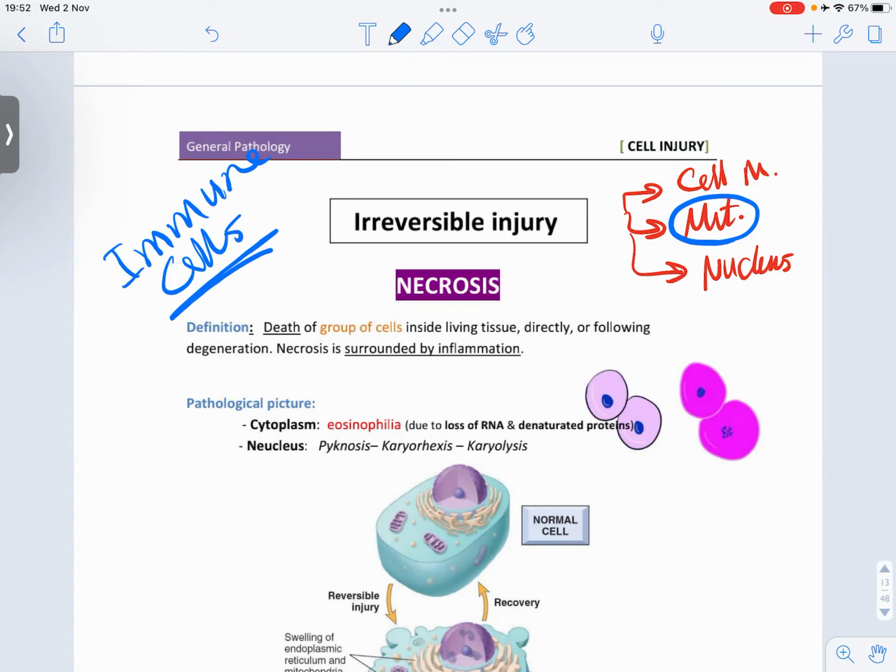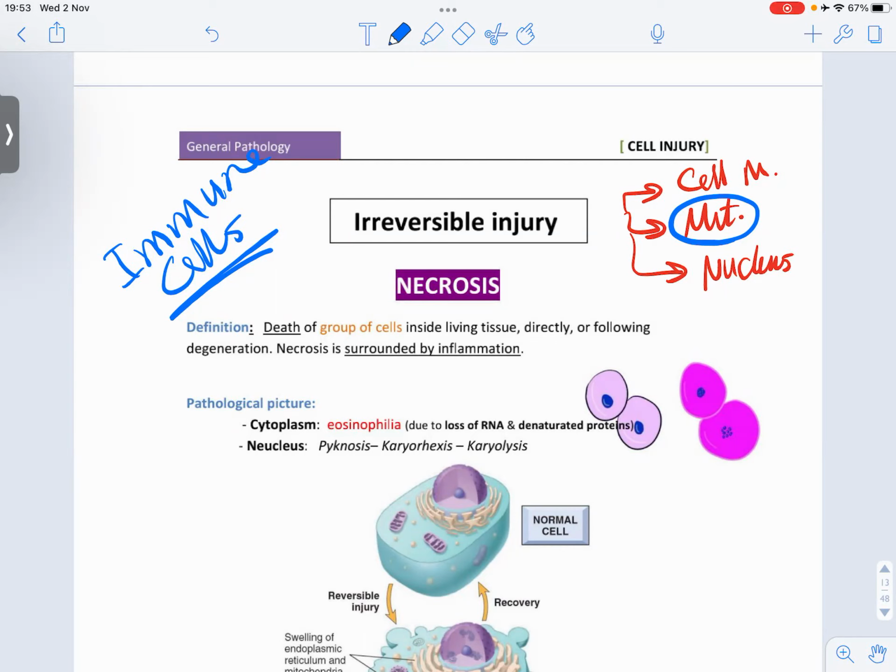When we have any stimulus or any death or necrosis in some cells, the free radicals will start to move out and cause inflammation of the neighboring cells, and then the immune cells will try to stop this process.